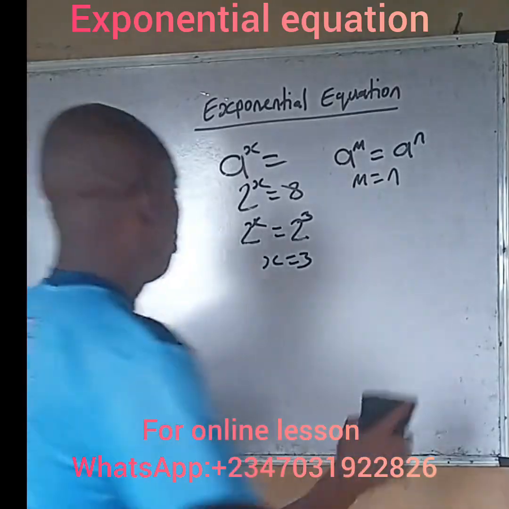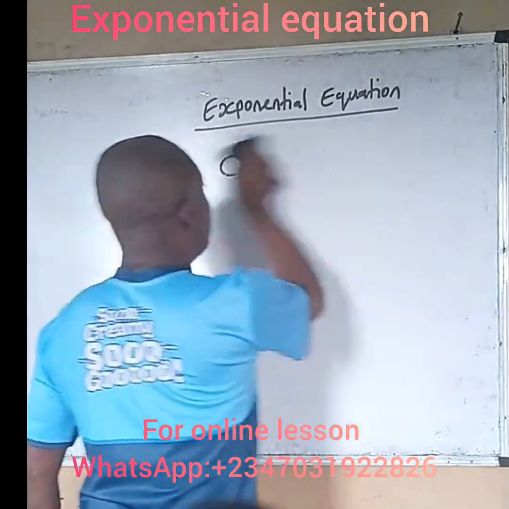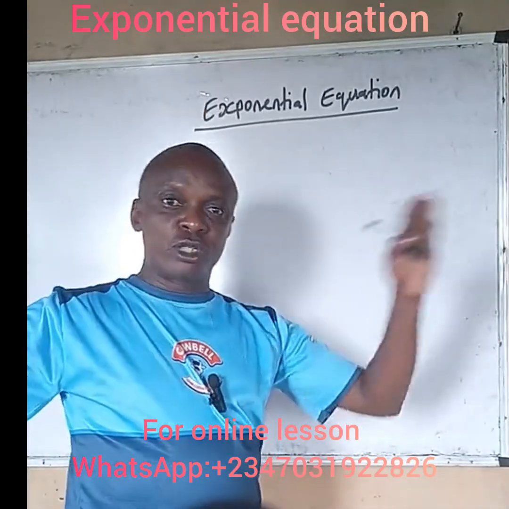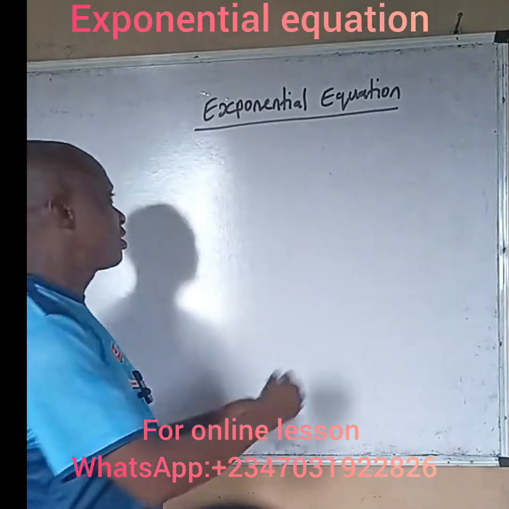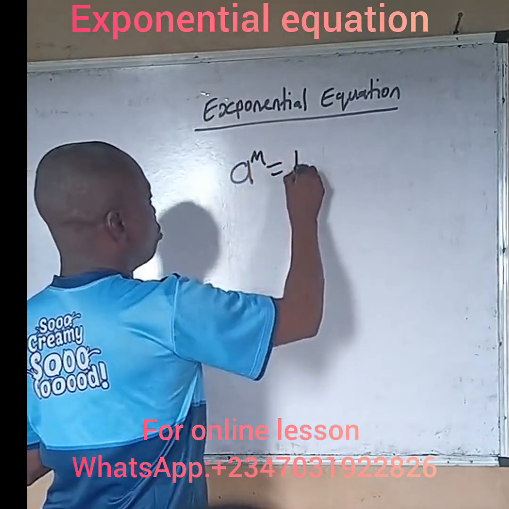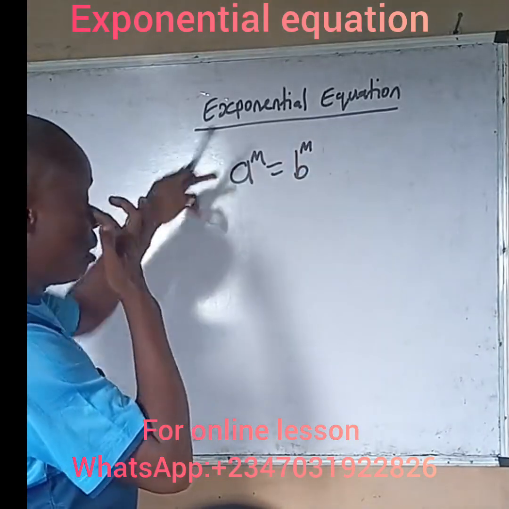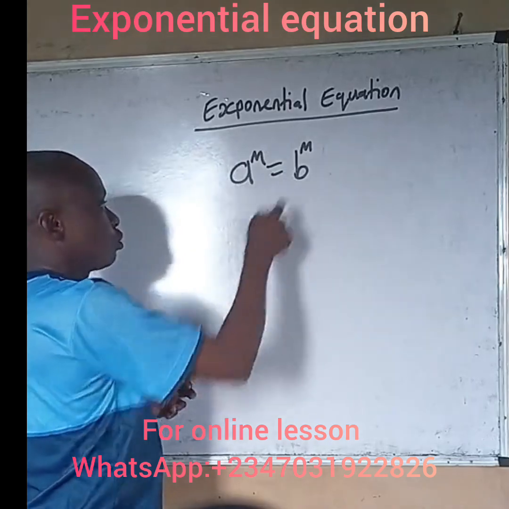Now, the second law says that if the powers of both sides of the equation are equal, then equate the bases. For instance, if I have a raised to power n equals b raised to power n, as long as the powers on both sides are equal, I equate the bases.